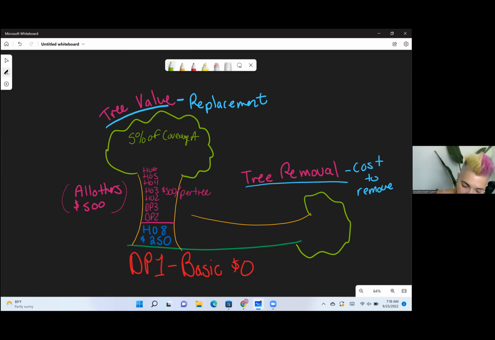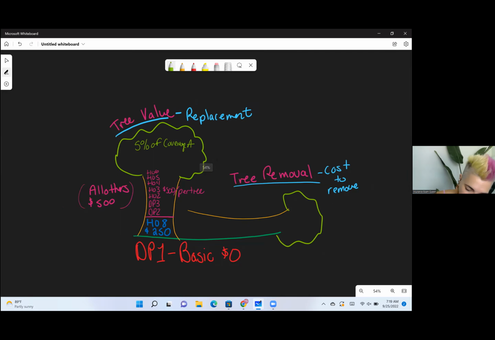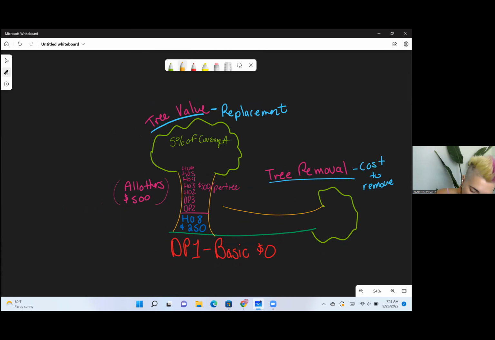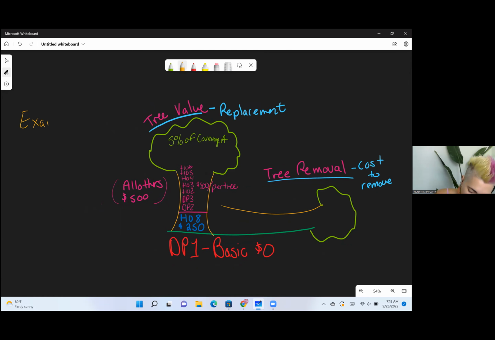So for example, if coverage A is $100,000, 5% of that would be $5,000. They won't generally ask you to do this.